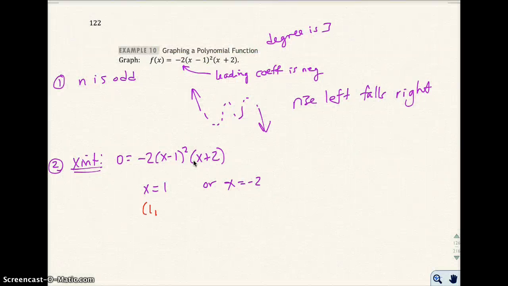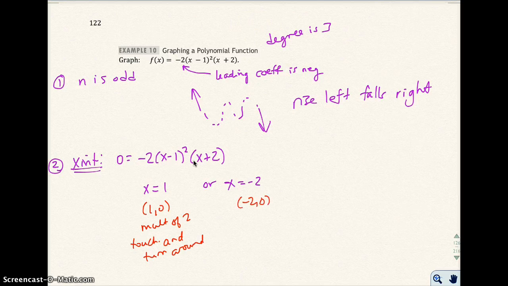So we have 1, 0, and a multiplicity of 2, which means it's going to touch and come back and turn around. Then there's negative 2, 0, and it has a multiplicity of 1. So it means it's going to go through it. Okay.